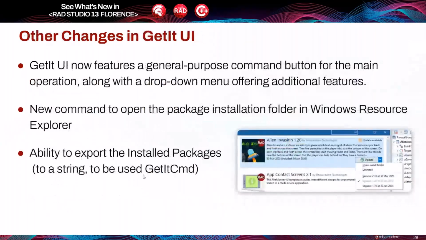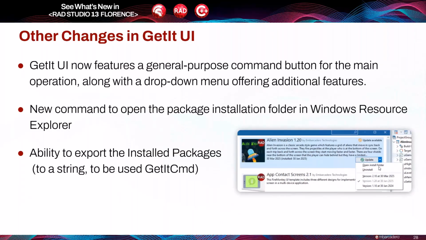And once you have the package installed, there's also more information. One that I personally like a lot is that now you can open the folder where this package has been installed, because it's a bit of an obscure folder. It's quite tricky to find them if you don't know where to look. Now you can simply come here and click Open Install Folder, and it will open automatically.